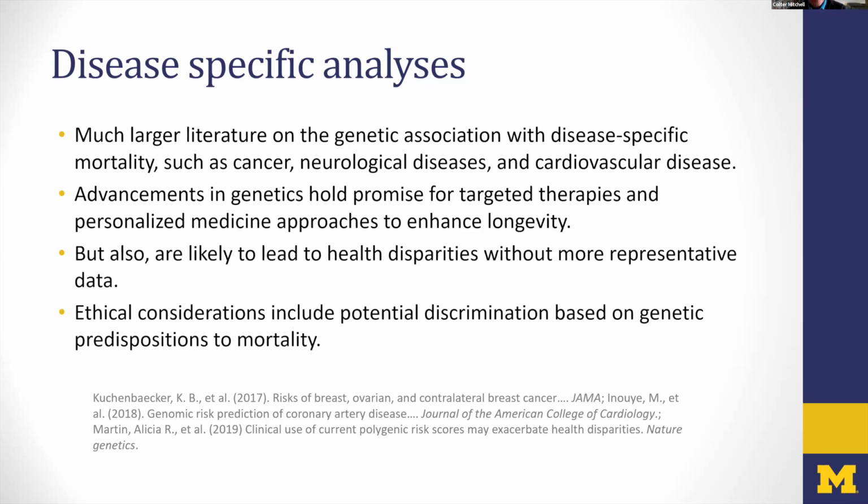There are protections in some countries, not in all. And that last article, Alicia Martin's, that I have listed there talks a lot more about the potential issues of using these, even though there's a lot of promise, because it's not necessarily representative yet, with strong potential for health disparities to emerge if we start using those.